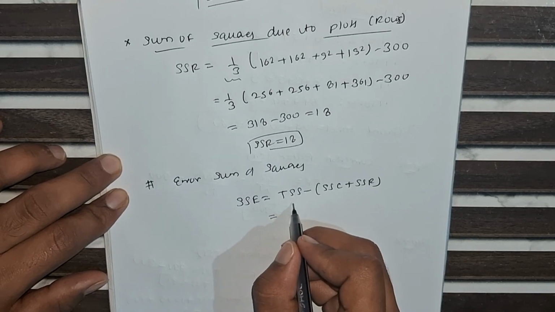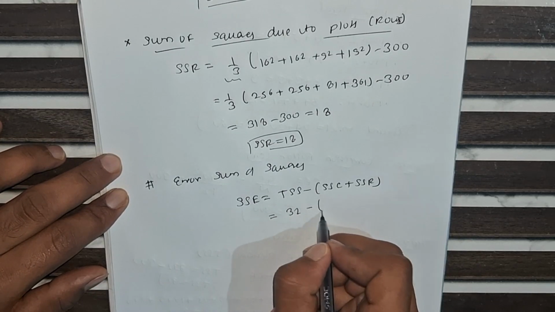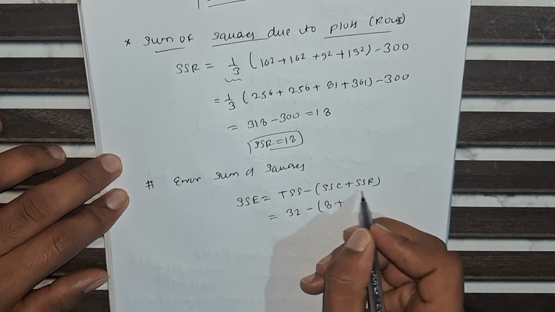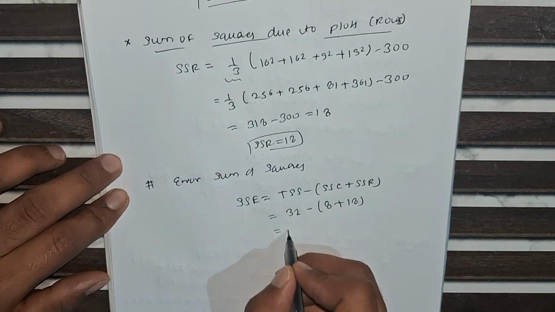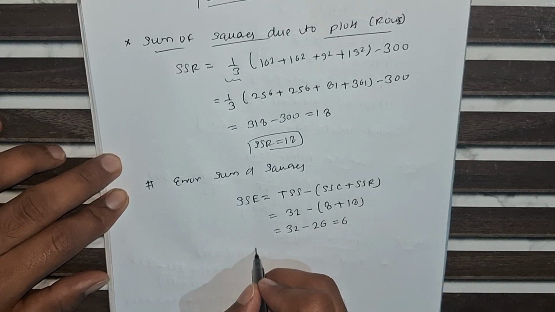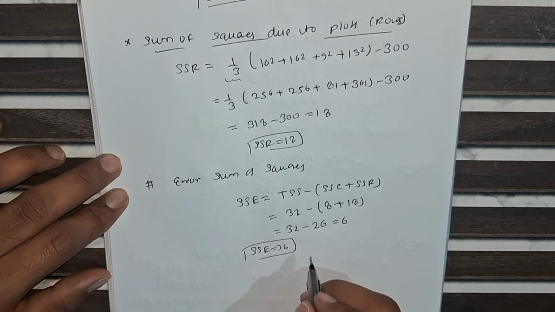So what is the value of TSS, which is 32, minus SSC value is 8 plus SSR value is 18. So this is 32 minus 26 equals 6. So our SSE equals 6. So here our third step is completed.